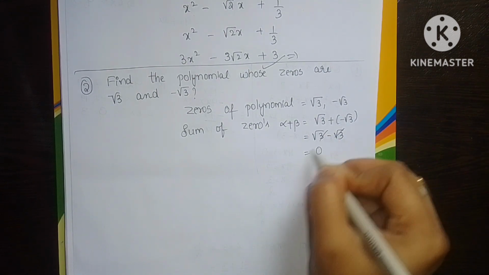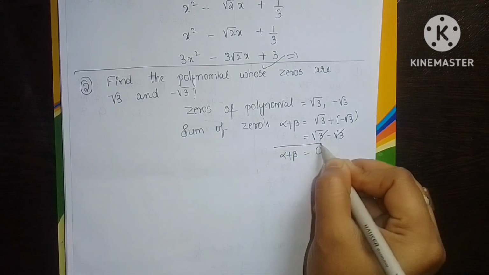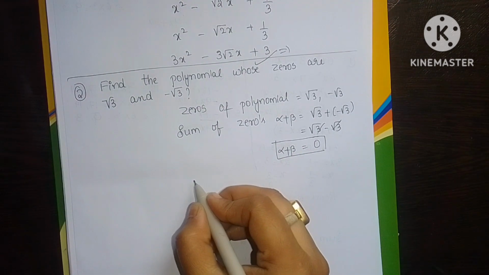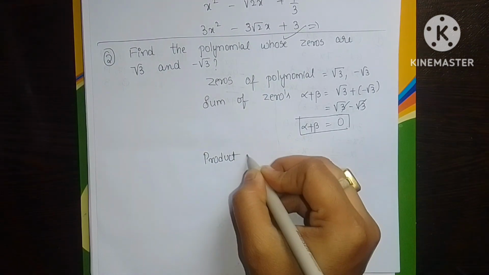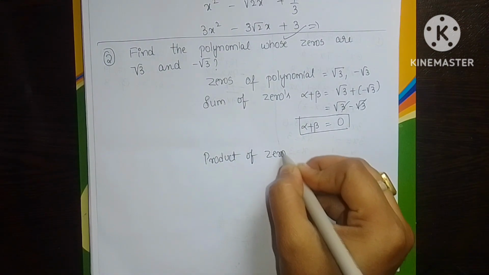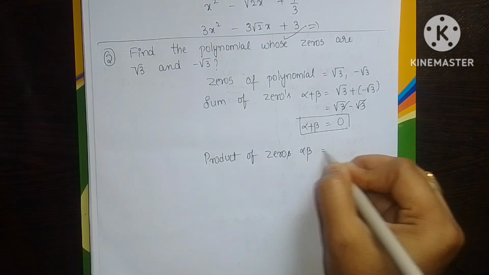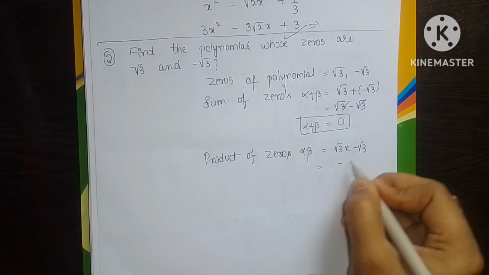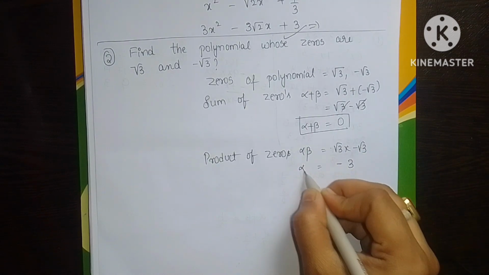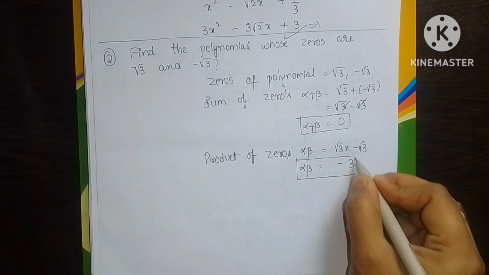This is cancelled. So we will get alpha plus beta is equal to 0. And the product of zeros, alpha beta, root 3 into minus root 3. So plus into minus, root 3 into root 3 is 3. So alpha beta we have got minus 3.